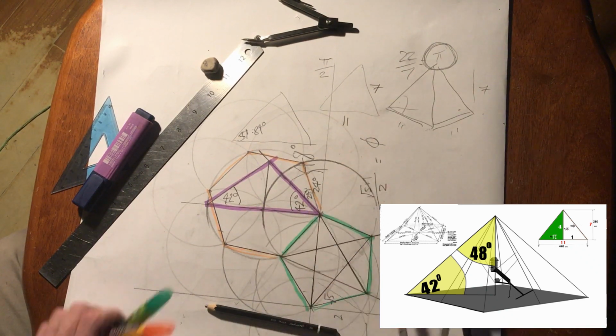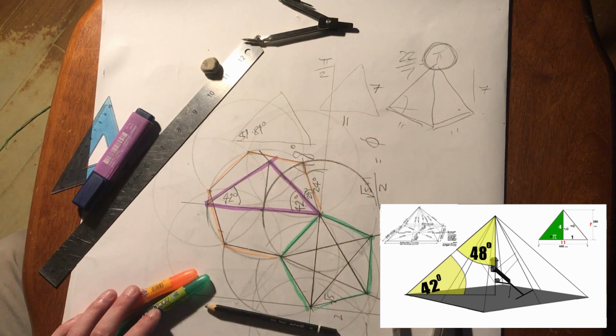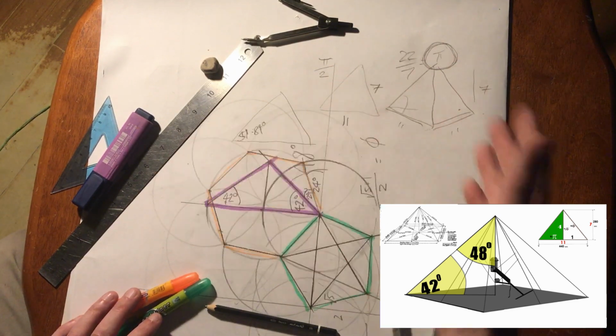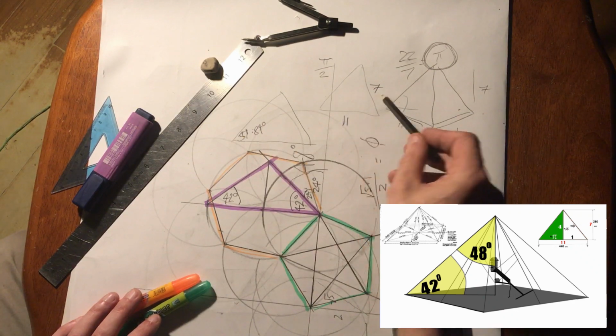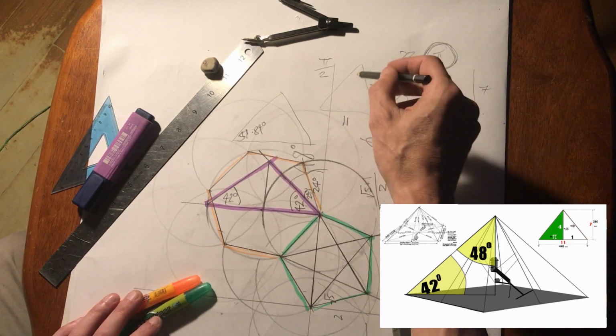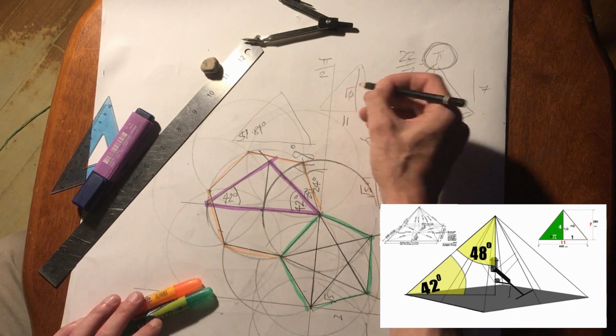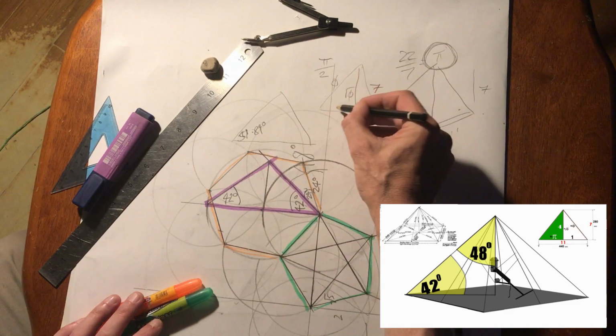So I've done other videos showing how to draw the 7 to 11 proportion, or even a Kepler triangle, which is almost identical, and again, because there's slight variations on each side of a pyramid, you could use it. A Kepler triangle is the square root of phi and 1.